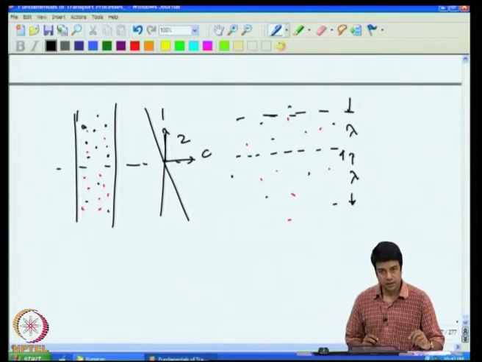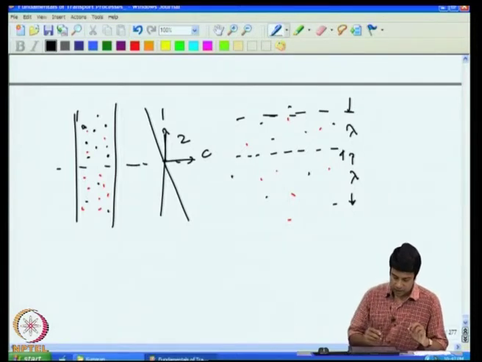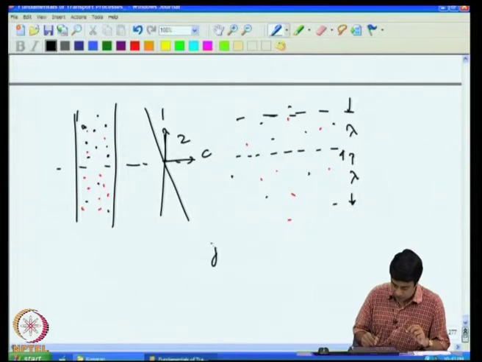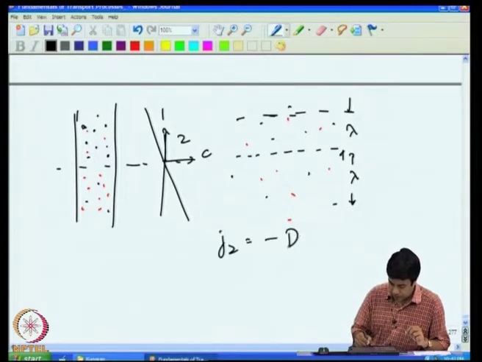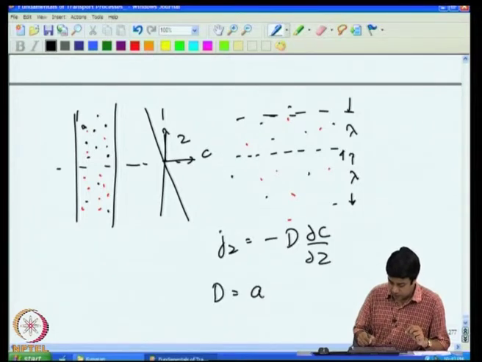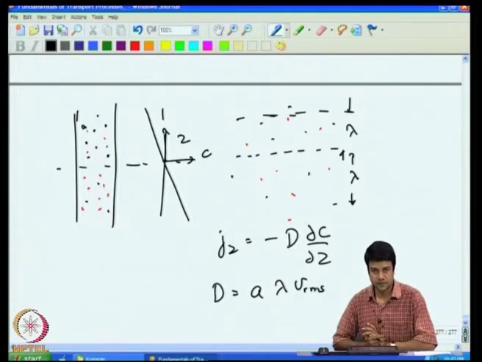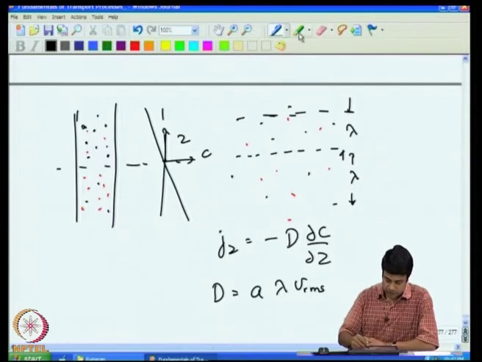And we had actually obtained an expression for the flux based upon the concentration gradient. And if you recall, the flux, let me write this, is minus D times dc by dz, where D is equal to some constant a times the lambda times the root mean square velocity of the molecules, where a is some constant of order 1.